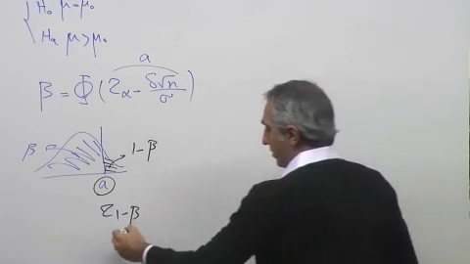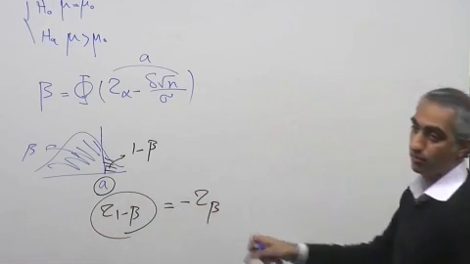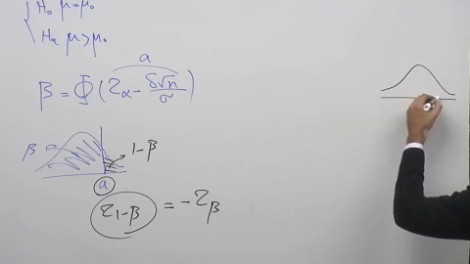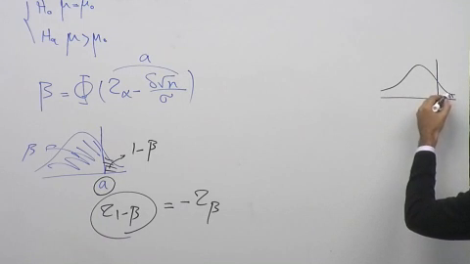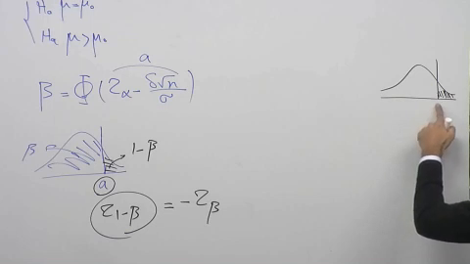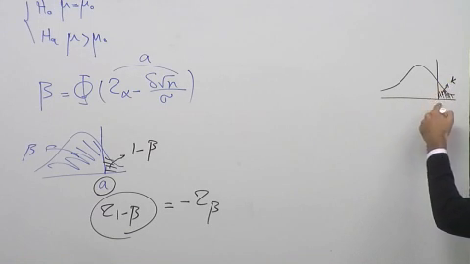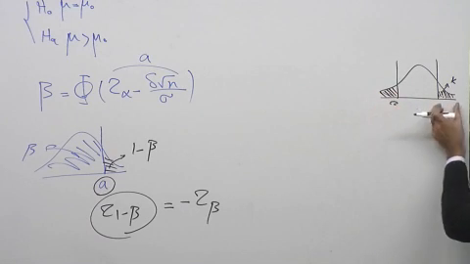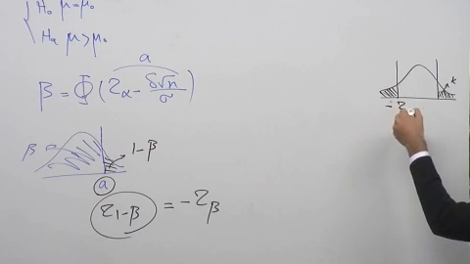So what is Z 1 minus beta? It's minus Z of beta. This is true also. Why? If you have any number here, then based on the symmetry, if this probability is the same, this is going to be minus Z of something.